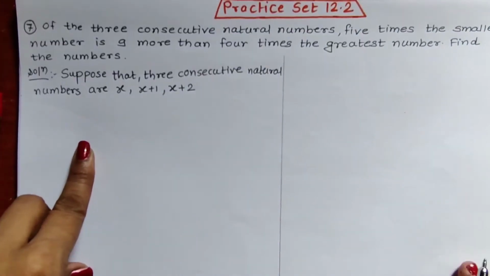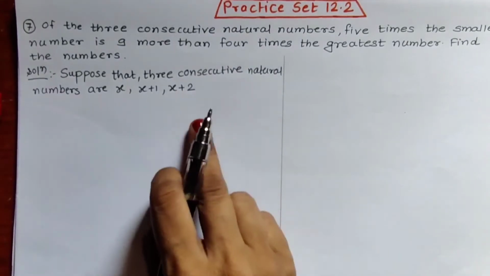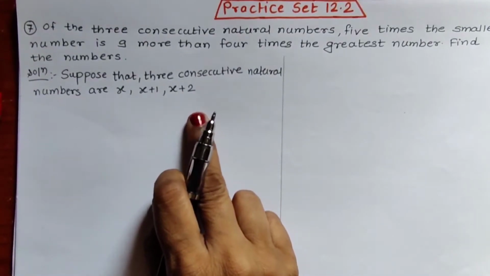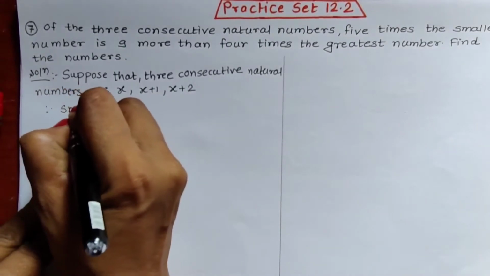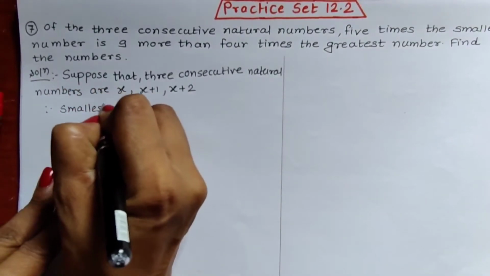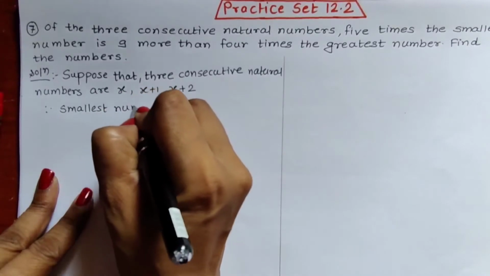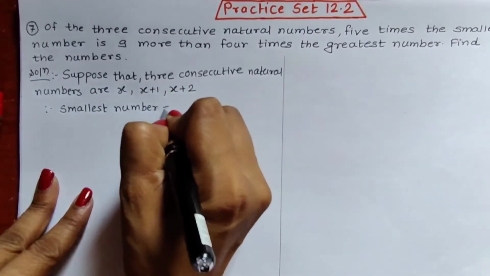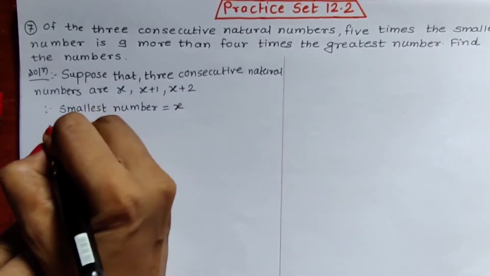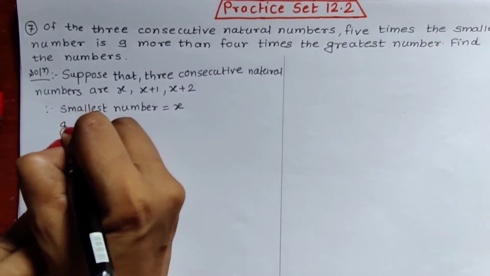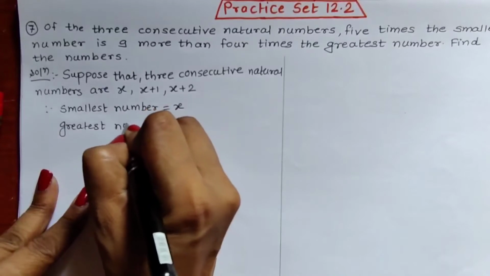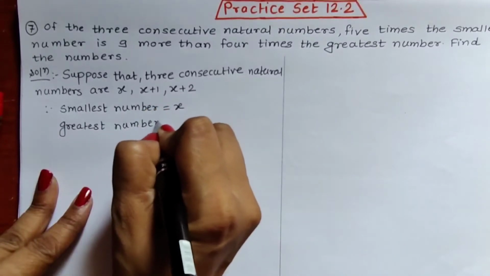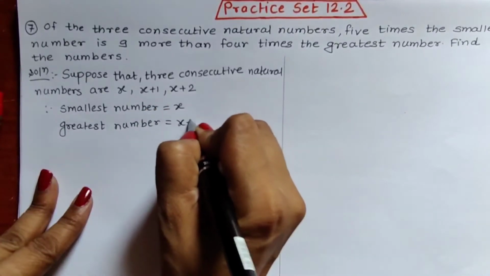So the smallest number will be x and the greatest number will be x plus 2. So here I write, therefore smallest number is x and the greatest number will be equal to x plus 2.